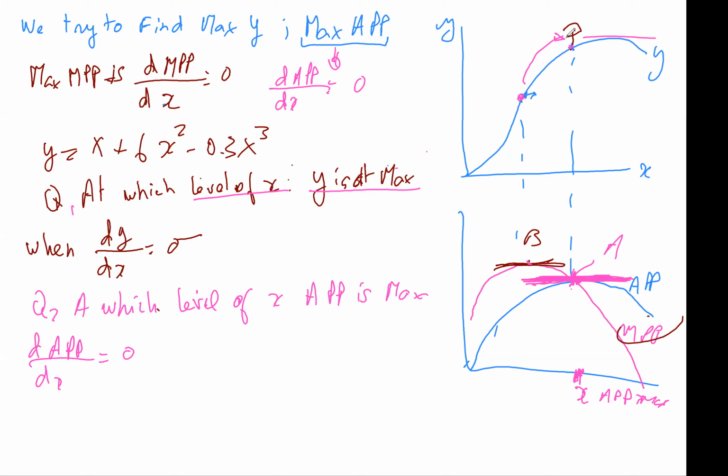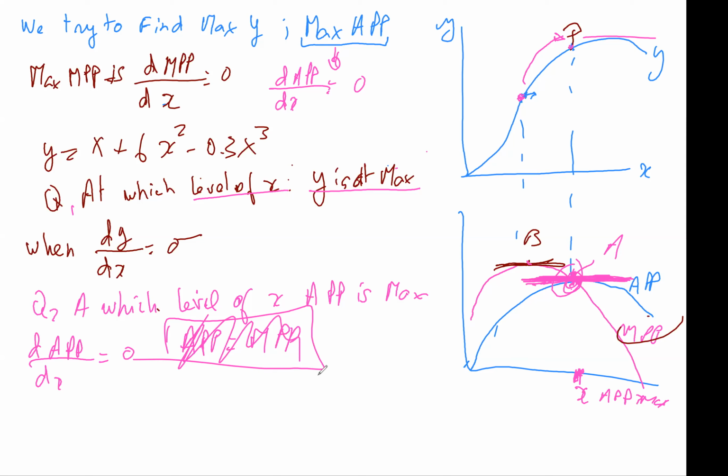Profit is going to be maximum when average physical product equals marginal physical product, when they cross. But I don't want to talk about profit now, we'll get to it. What I want to point out are those optimums, and for everything, we just take the derivative.